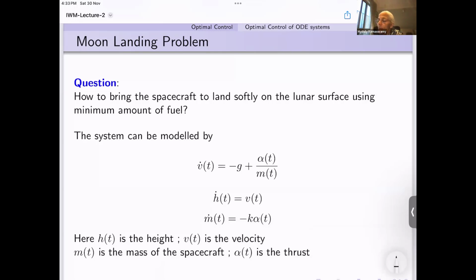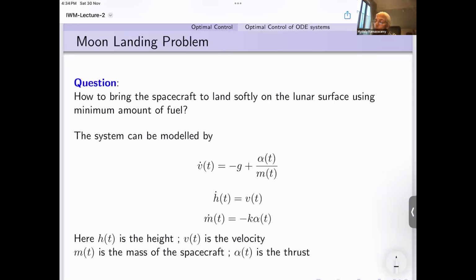The system can be modeled by Newton's equations. So v dot(t), the acceleration, is minus g plus alpha(t) by m(t). What is alpha? It is the thrust. Thrust is the control we give, and m(t) is the mass of the spacecraft. Now, h dot(t) is equal to the velocity, where h(t) is the height, or distance from the lunar surface. m dot, the rate at which the mass is decreasing, is proportional to the thrust that we are giving.